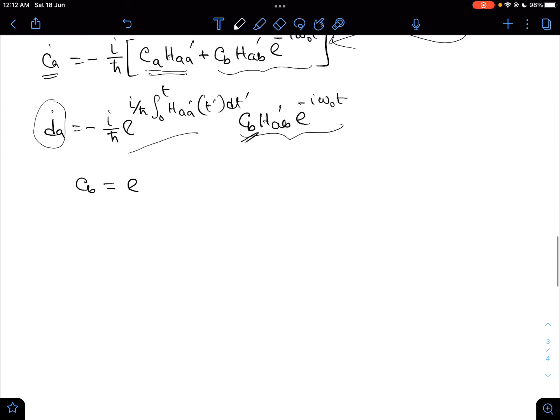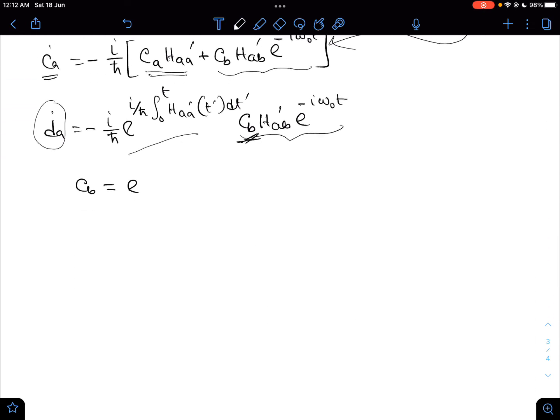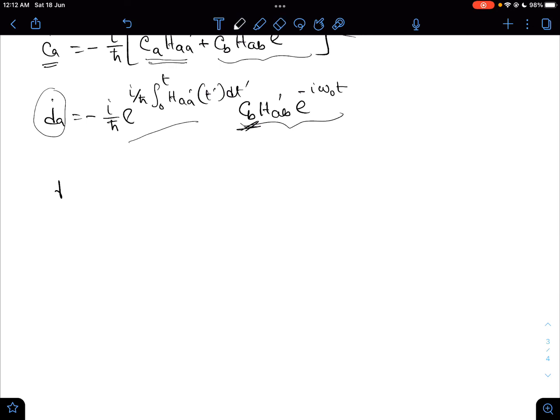If we replace that here, we will end up with d_A dot to be minus i/ħ e^{(i/ħ)∫ from 0 to t of H_a'(t') dt'}, and we are replacing this C_B with our given quantity.